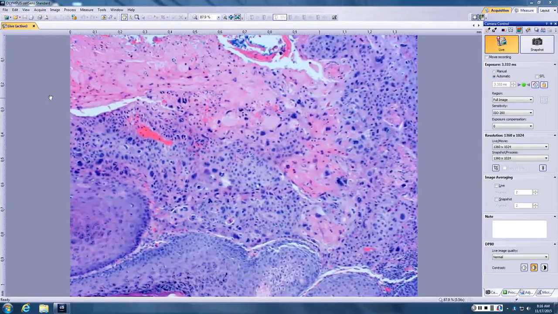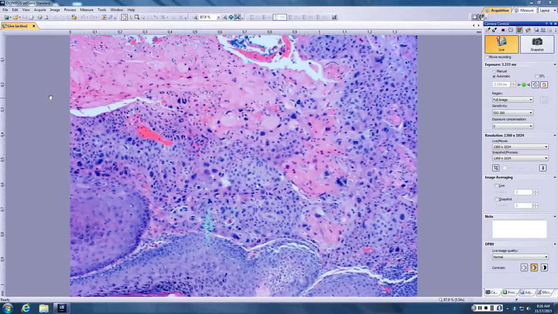So, large, hyperchromatic, very pleomorphic cells, Mercedes-Benz type mitoses that are tripolar, atypical mitotic figures. So highly malignant population centrally.